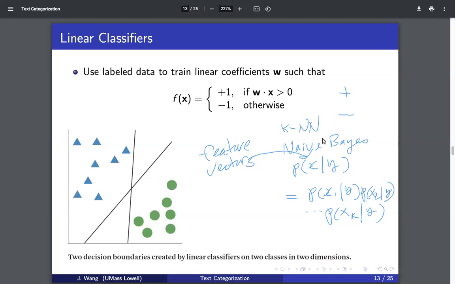So this is linear separation. On a two-dimensional space, you use a line. On a high-dimensional space, you use a surface, a plane, at a certain angle to separate these documents. They are still linear, but in high dimensions.